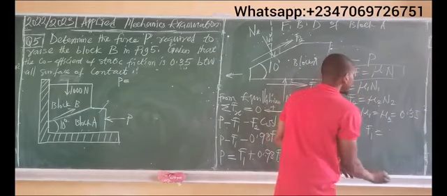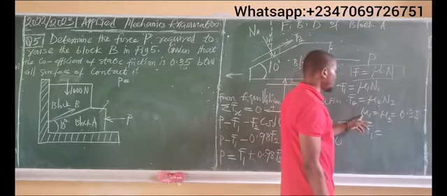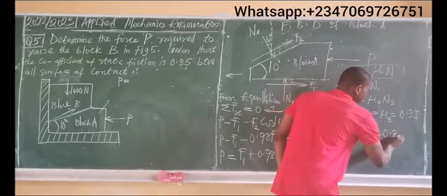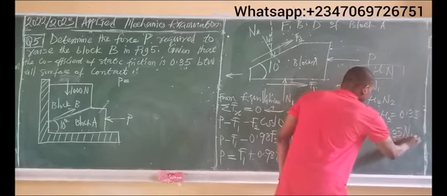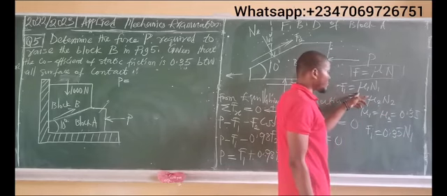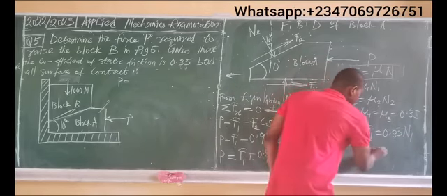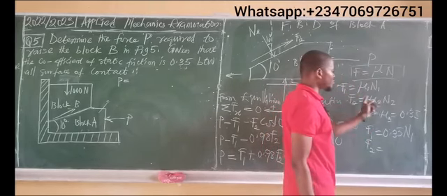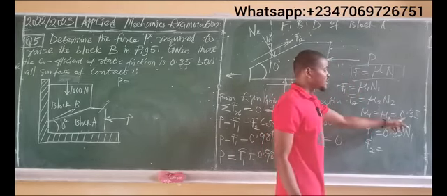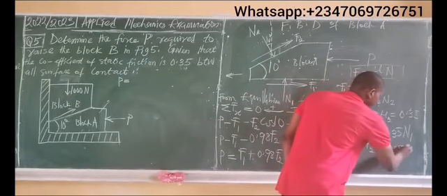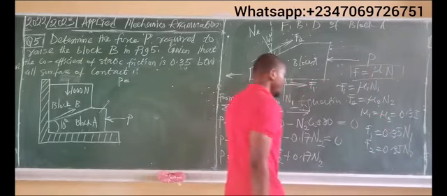So F1 is equal to, we said mu1 times N1, and mu1 is 0.35. This becomes 0.35 times N1, where 0.35 stands for the coefficient of static friction. Similarly, F2 is also mu2 times N2, where mu2 is still 0.35. So you simply have 0.35 times N2 in place of F2.